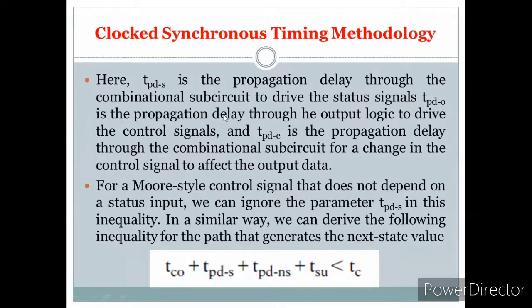TPDO is the propagation delay through the output logic to drive the control signal, and TPDC is the propagation delay through the combinational subcircuit for a change in the control signal to affect the output change. So these are the terminologies. Like this, there are many; a few which are important we are highlighting here together.